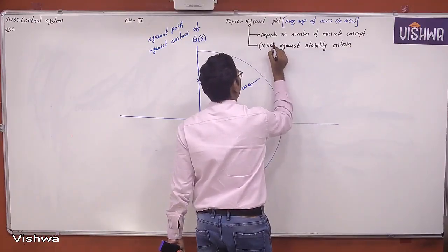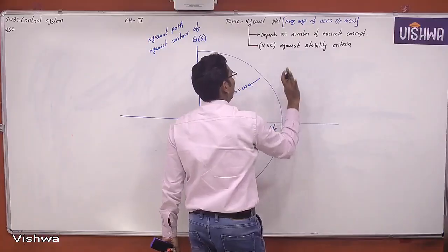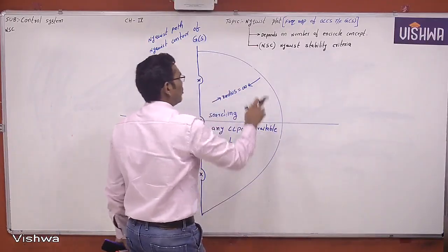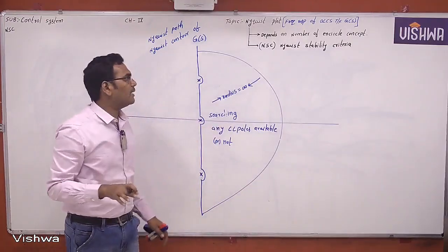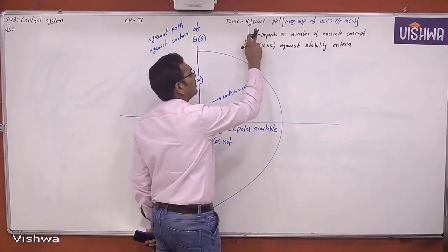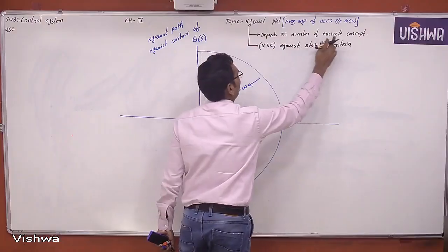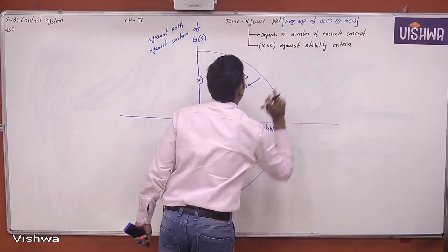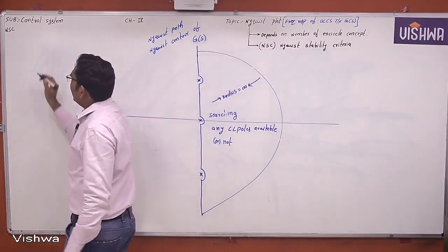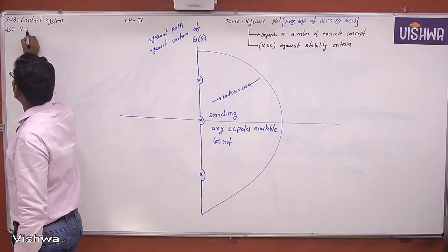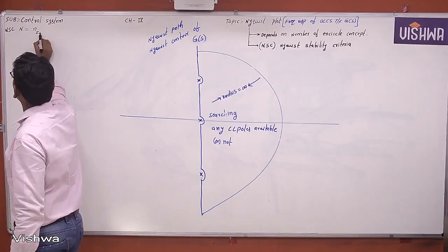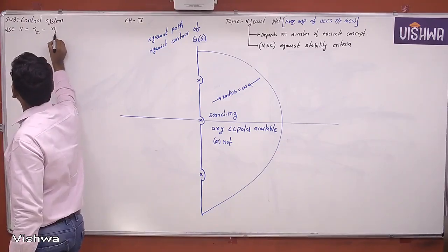This is the Nyquist stability criteria without gain margin, without phase margin. The Nyquist stability criteria, or Nyquist plot, completely depends upon the concept of the number of encirclements. Therefore, according to Nyquist, the total number of encirclements, capital N, is equal to Nz minus Np.